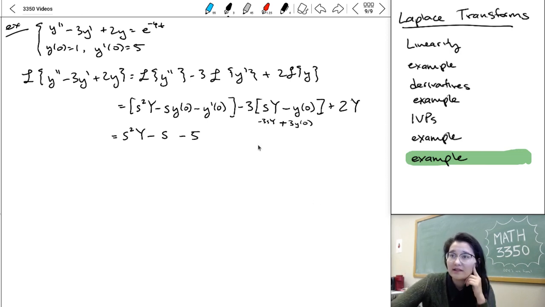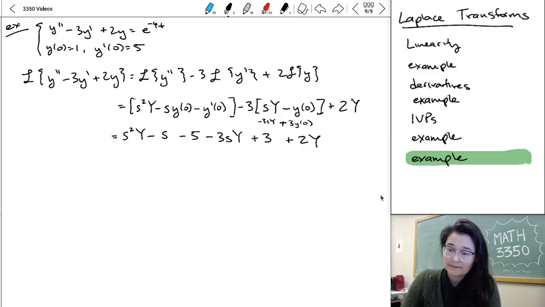What's important is that in these Laplace transform problems, messing that up can be the difference between a very easy fraction decomposition and something that becomes a huge mess later. So really be careful in this step. So I've got minus 3sY, and then plus 3y of 0. The y of 0 was just 1, so I just have plus 3. And then I've got that plus 2Y.